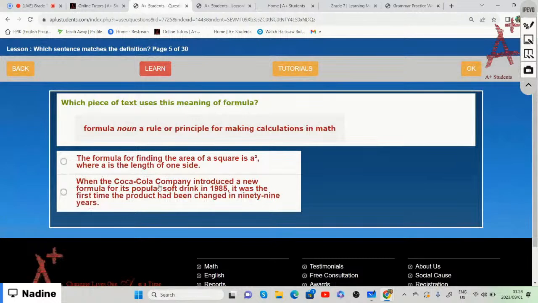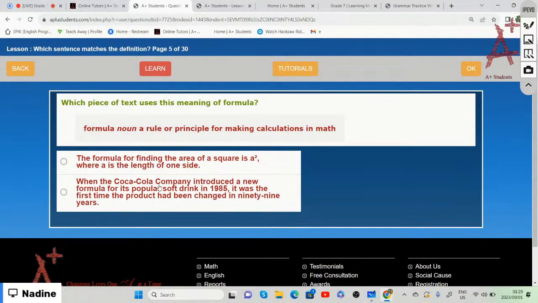All right, so which piece of the text uses the meaning of formula? Formula is a rule or principle for making calculations in maths. So the formula for finding the area of a square is a squared, where a is the length of one side.